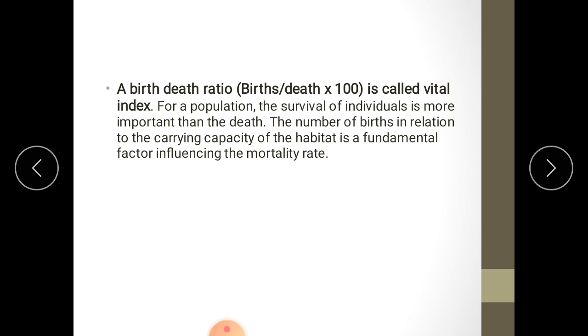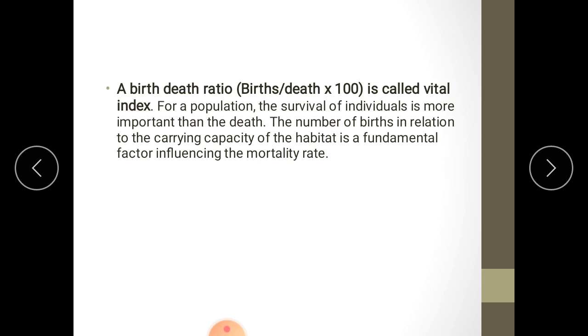Food available, favorable conditions. How many individuals can get a sufficient amount of food? They can only survive. Those which are not getting food have to perish. Therefore, here death is not important. Survival of individuals is important.